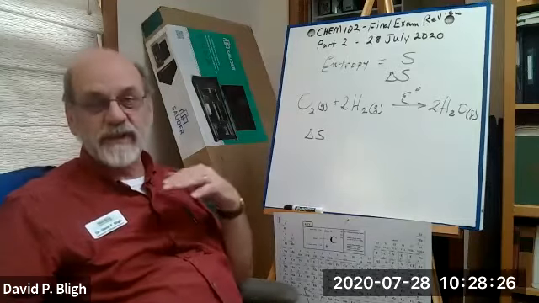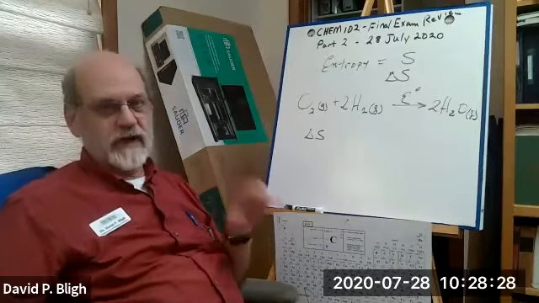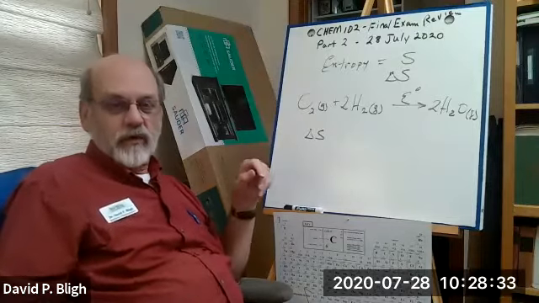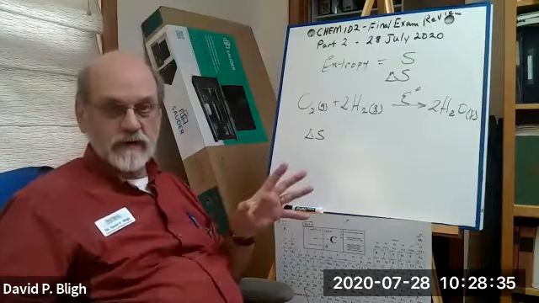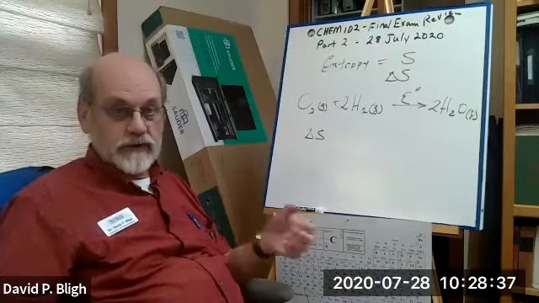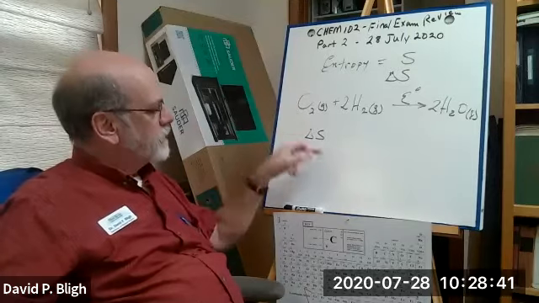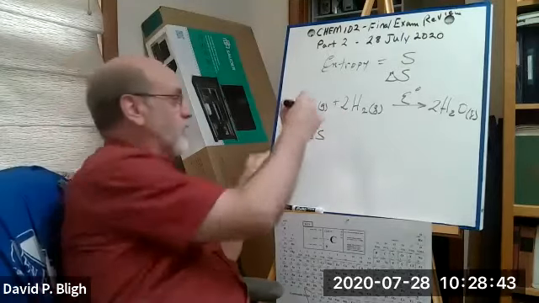That's a simplistic view, but useful sometimes. And the amount of disorder where gases are concerned is, look at the coefficients. So we have 1 mole here, 2 moles there, that's 3 total, right?